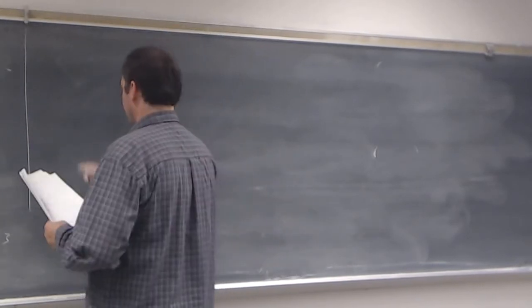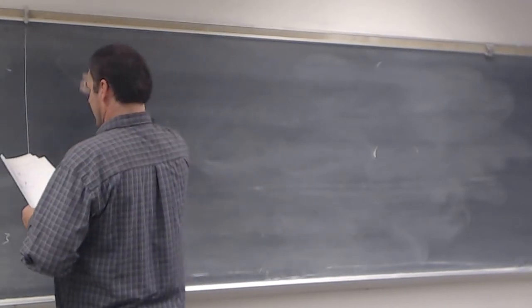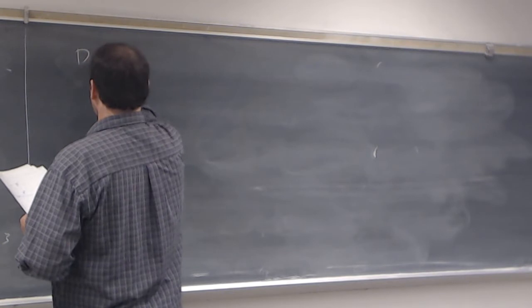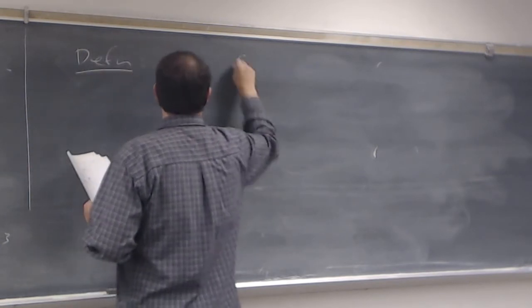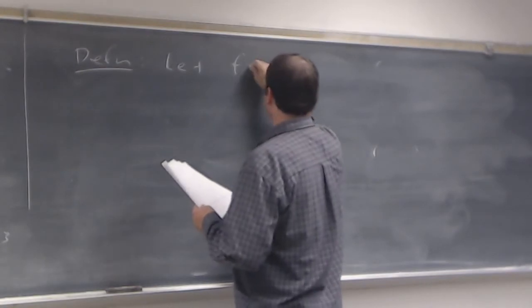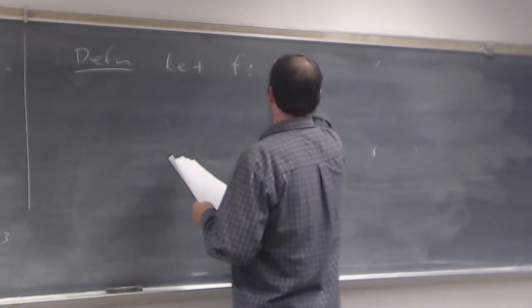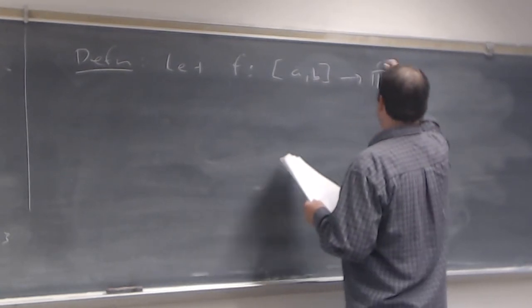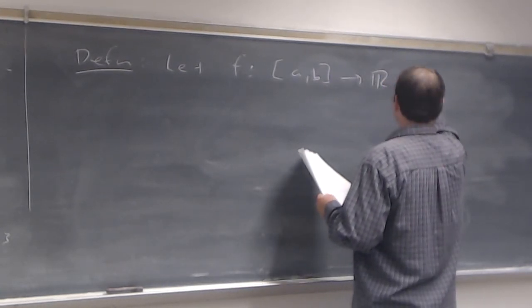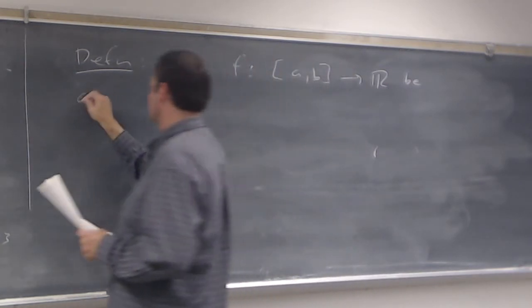Okay, progressing our way toward these integrals, we're going to find some kind of intermediate integrals, and here they are. As a definition, we let f go from a to b into R, a bounded function.